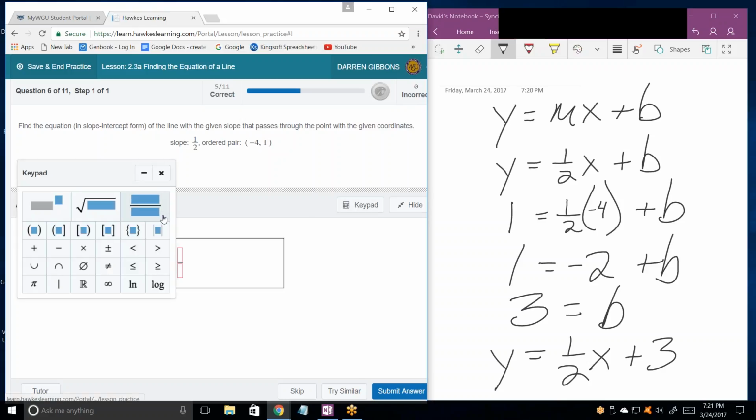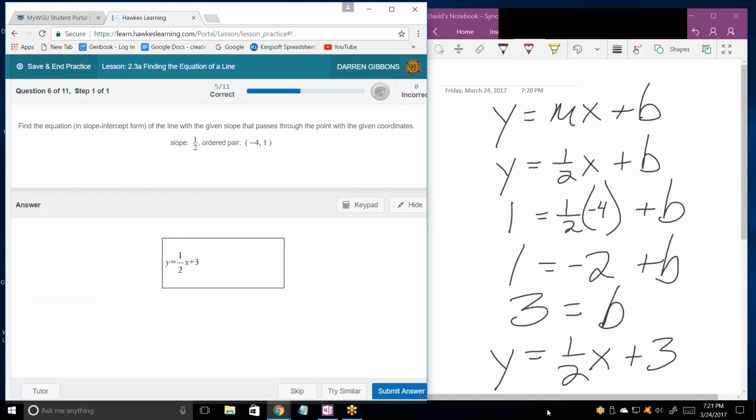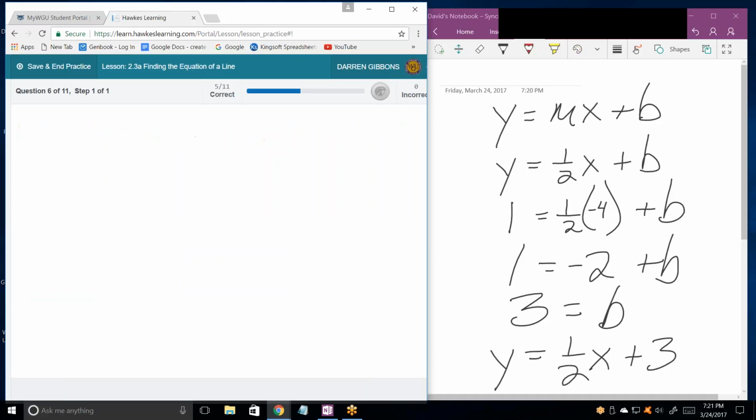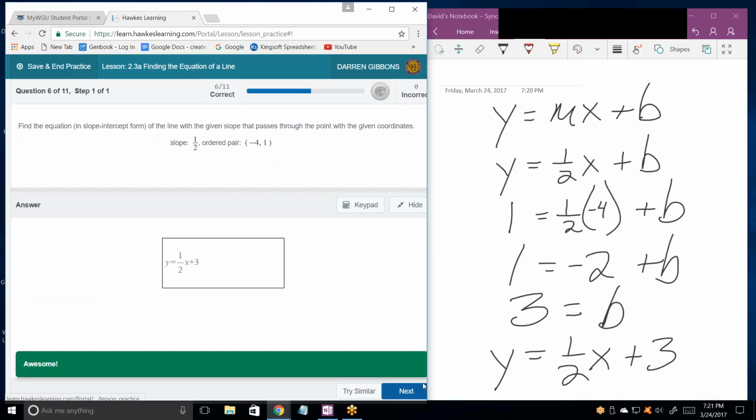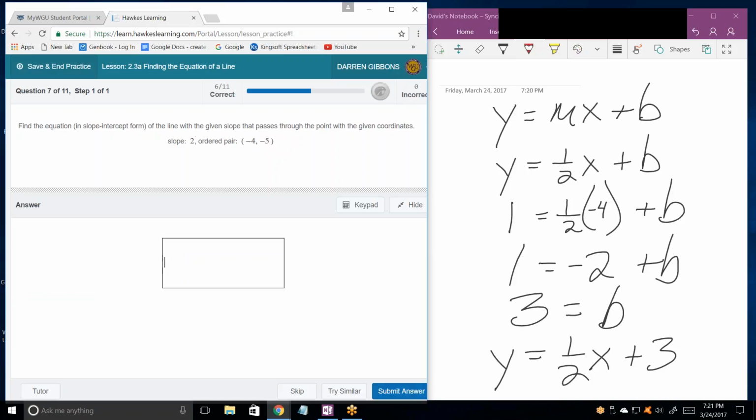So anytime you have a fraction, you have to do this, huh? Awesome. Oh, okay, I didn't hit next. Yeah, these are all pretty much the same.